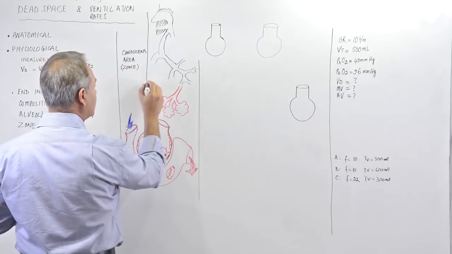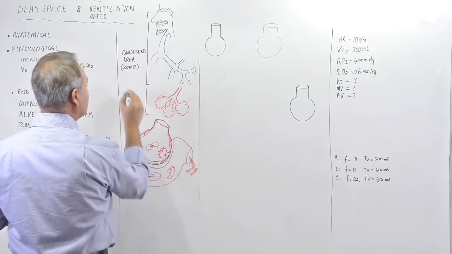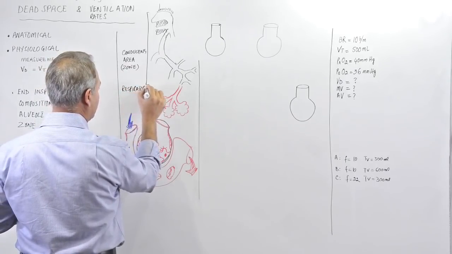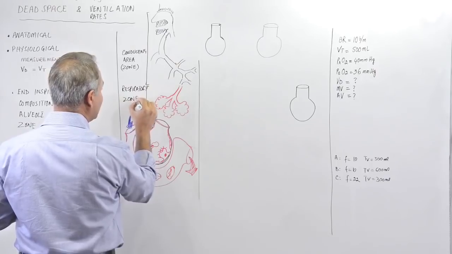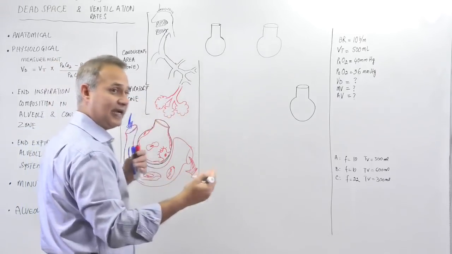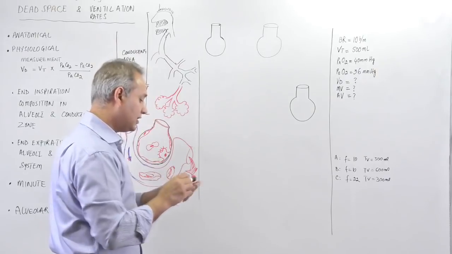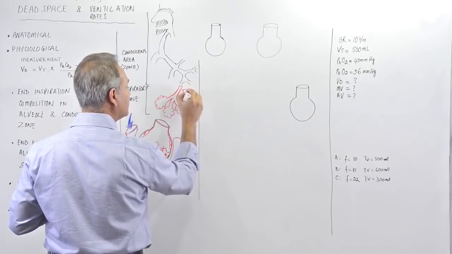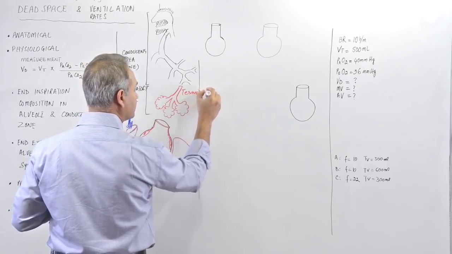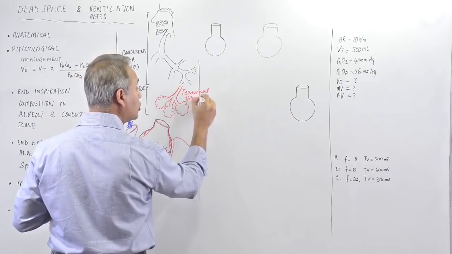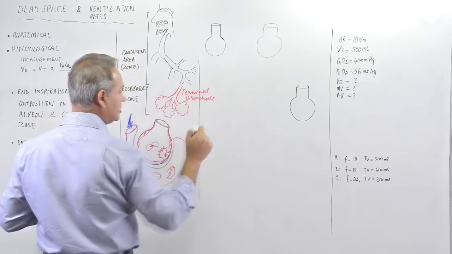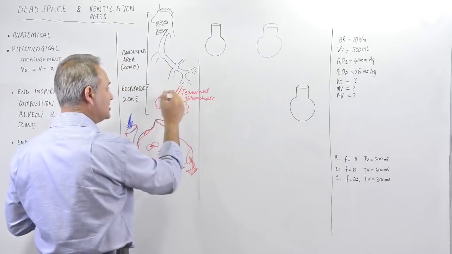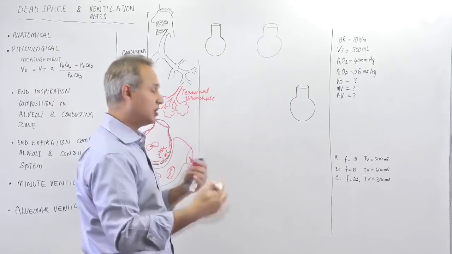Then we reach a point where we have something called the respiratory zone. And what is that? This is the area where gaseous exchange can actually happen. This is the area which has terminal bronchioles, not bronchi. Terminal bronchioles are thin enough that they can allow the oxygen and carbon dioxide exchange to occur.